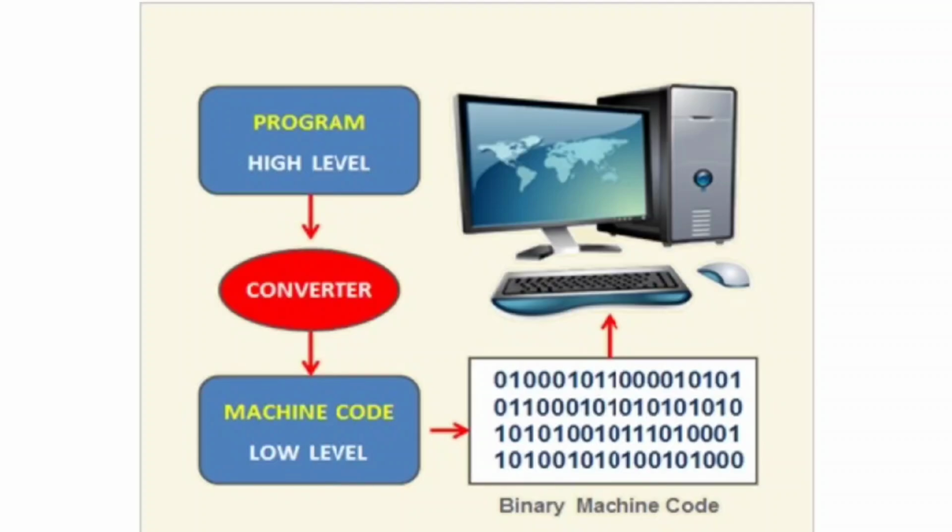So whatever inputs you are giving, you are typing in your language, that language is converted into machine language, and then that machine language produces the output through your output devices. For example, here you can see the monitor. So these are the processes of computer components, compilation, or the program running process.